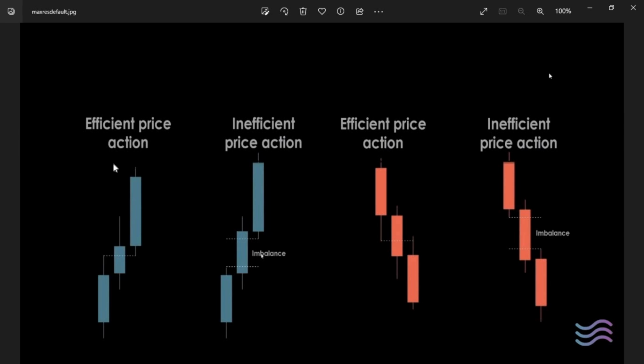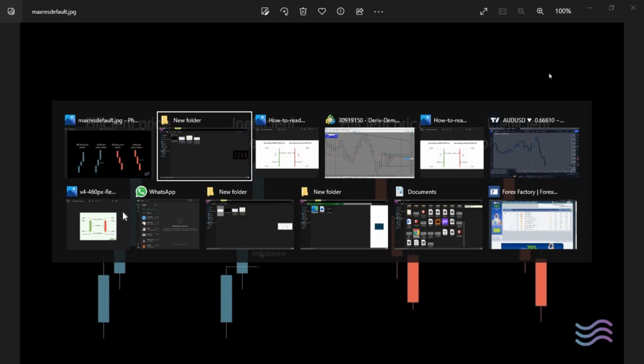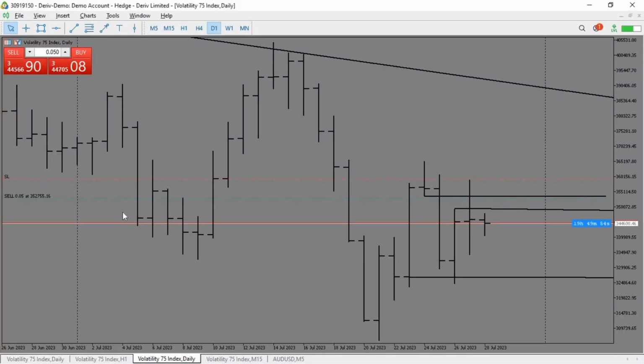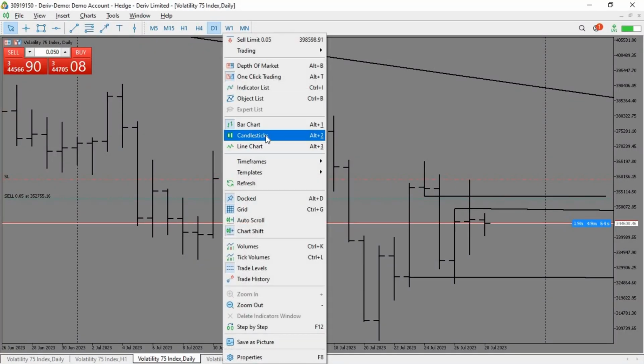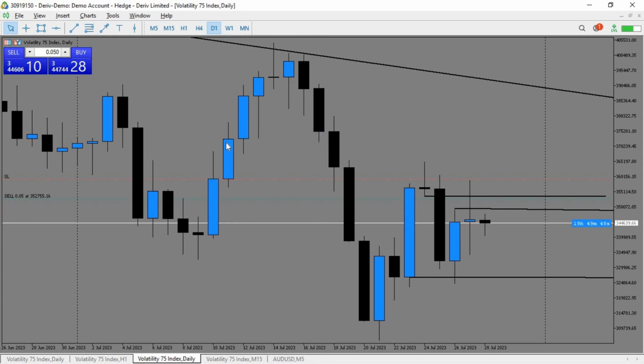So for an efficient price action, the wicks must overlap. They must join together. Let's go back to MT5, back to candlesticks. You see all this here?